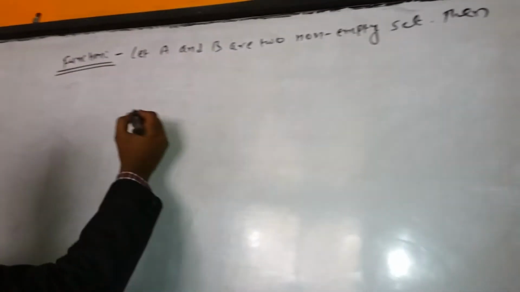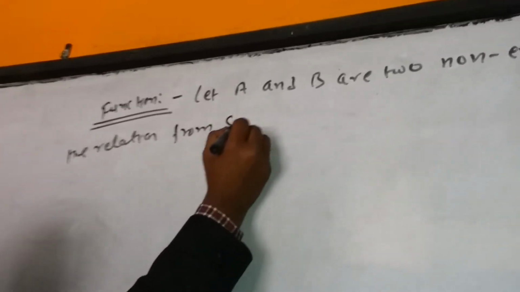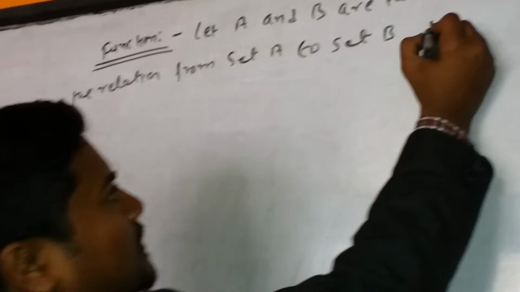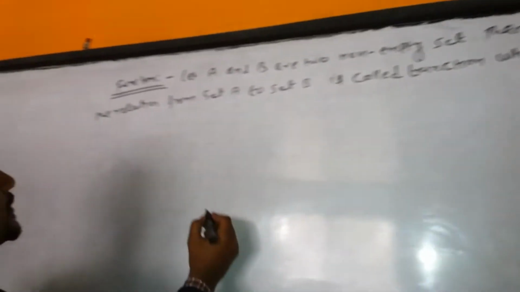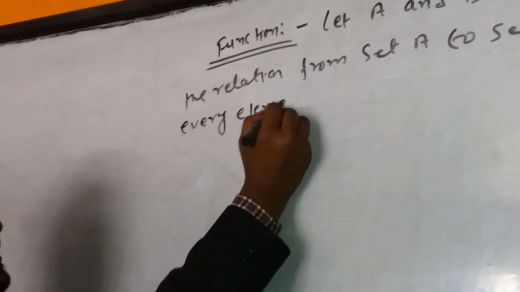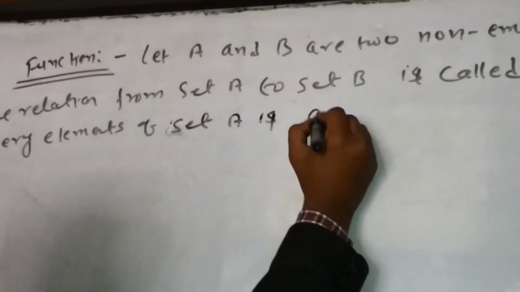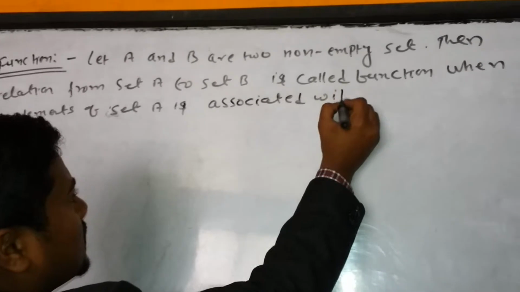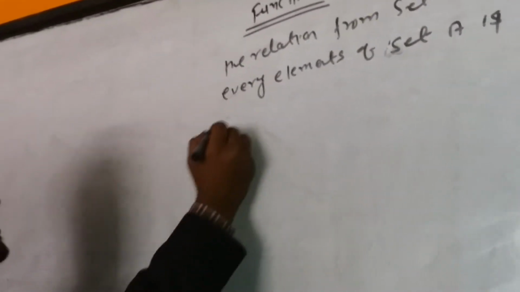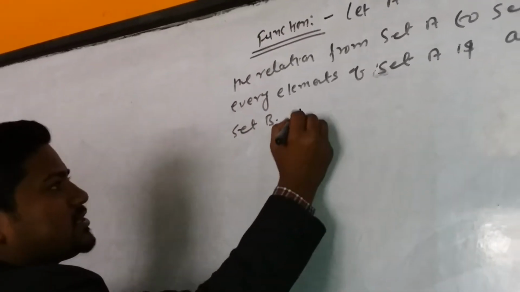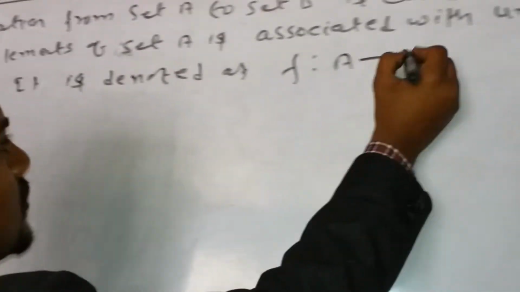Then the relation from set A to set B is called a function when every element of set A is associated with unique elements of set B. It is denoted as f is a function from set A to B.